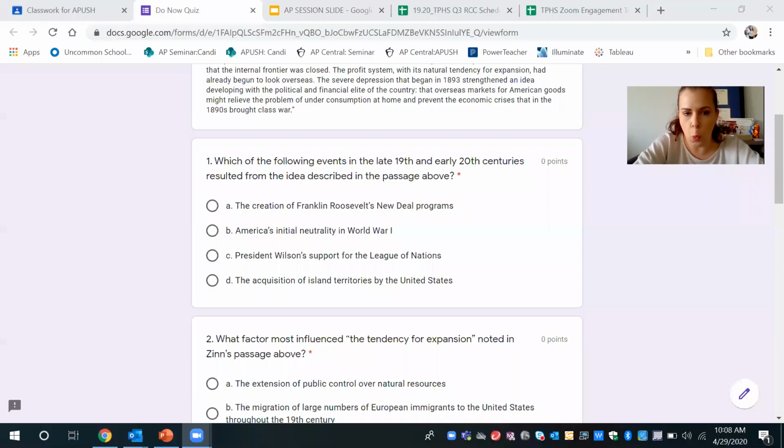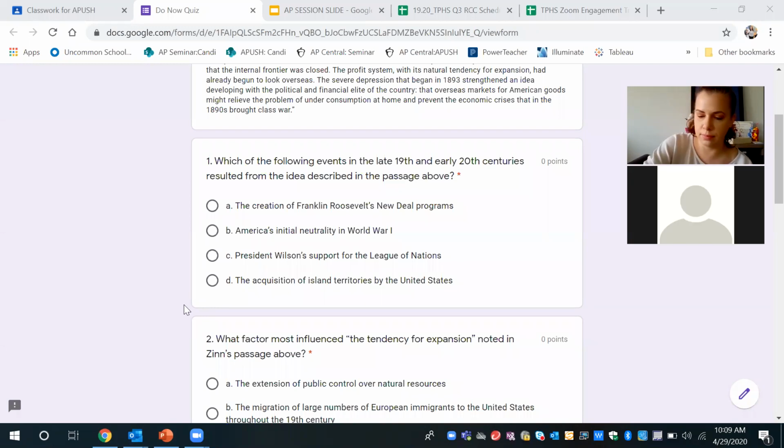Okay, number 1. Which of the following events in the late 19th and early 20th centuries resulted from the idea described in the passage above? Naziah, the answer is B. And why is it B?